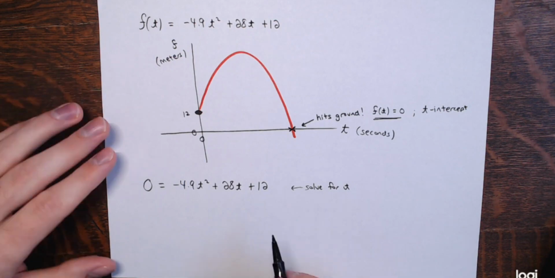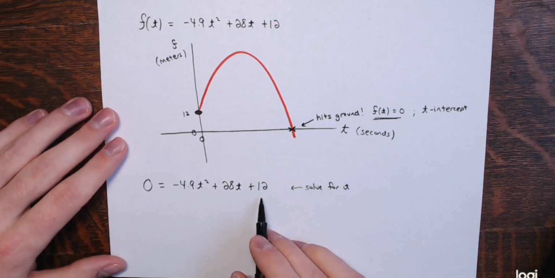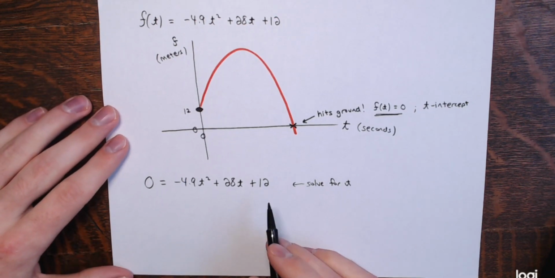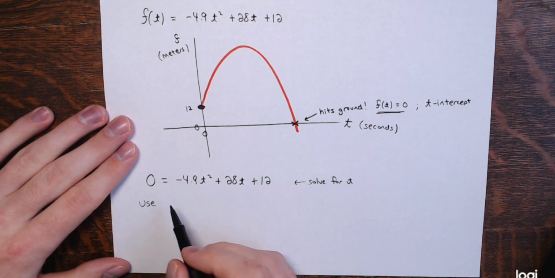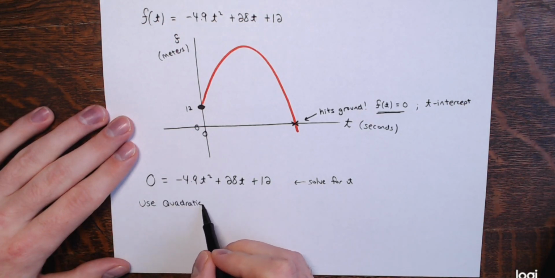Now, this is set up in a way that I can use the quadratic formula. We have everything on one side, 0 on the other. It's in general form. We can use the quadratic formula to get our solutions here.